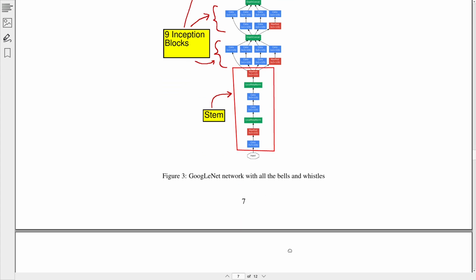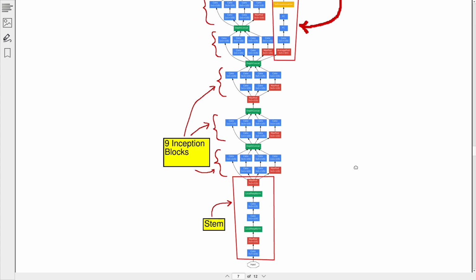So this is the start, the input, and then initially I have a few conv layers and a max pool. I'm naming this the stem. This is the starting stem of the entire branches and the entire tree. And after this initial conv layer and max pool, I have my first inception layer.